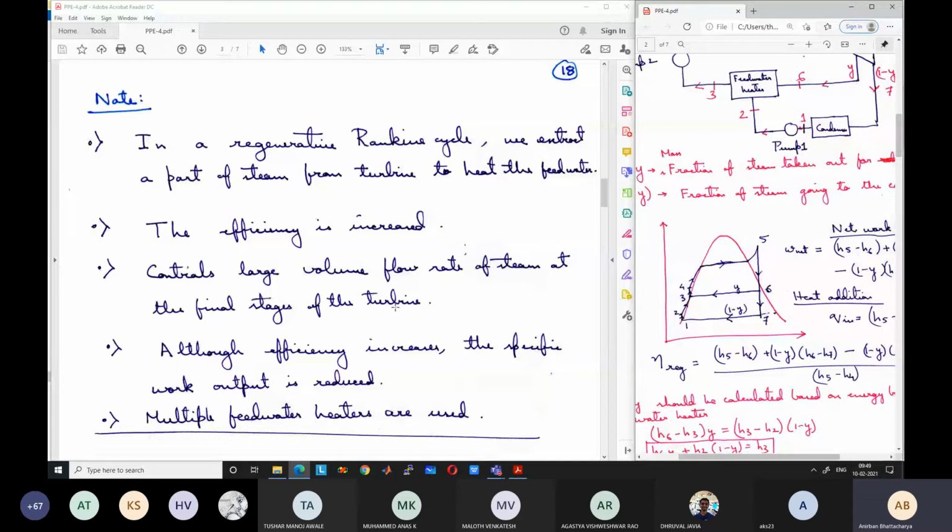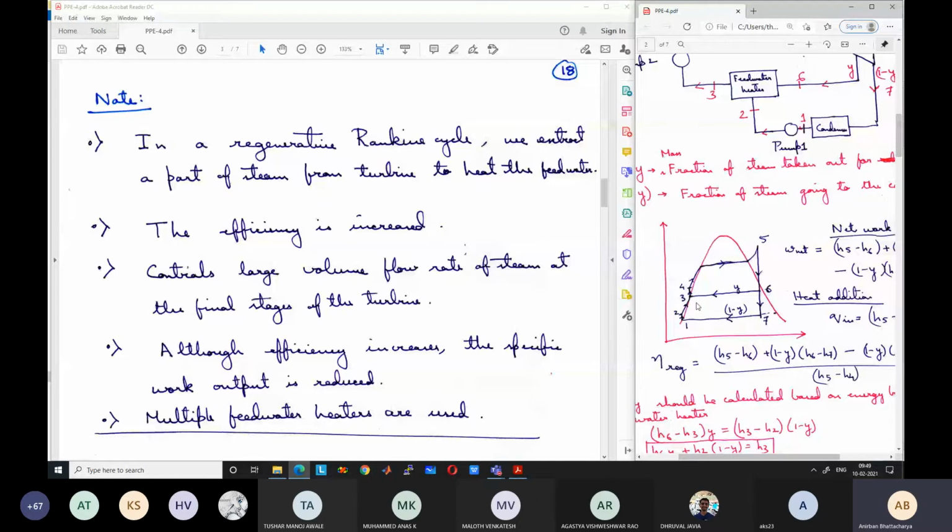One negative side effect of the regeneration cycle is that, although the main positive effect was to increase the efficiency, the net specific work output is reduced. Per unit mass flow rate, the work output is reduced. So instead of the entire amount of steam going from state 5 to state 7, we are reducing the amount of steam which goes from state 6 to 7.